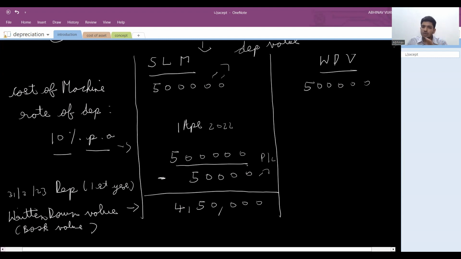But for now, this 50,000 goes to the P&L account. So in order to balance both sides, 50,000 goes to the P&L account, which will reduce your capital account. So credit side gets reduced by 50,000. This whole concept was explained in journal entries. Credit side by 50,000, so debit side also should reduce, both sides of the balance sheet should tally.